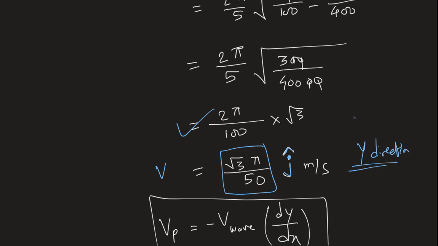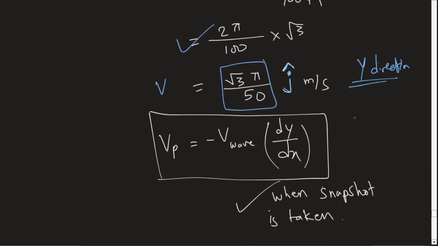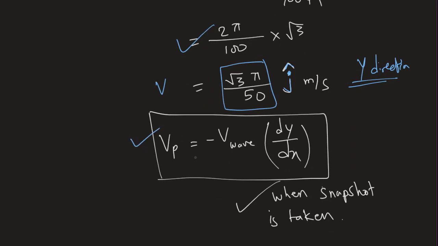But is it negative or positive? So how do you find that? So for that, we need to use this equation. Velocity of the particle is also given by minus velocity of wave into dy by dx. Okay, so dy by dx is nothing but the slope of the particle.